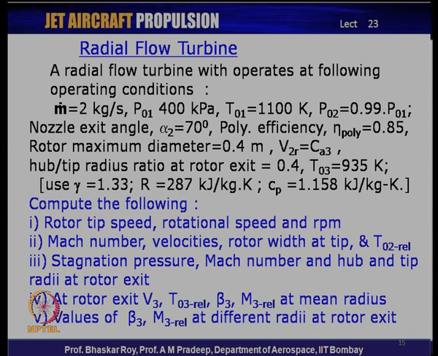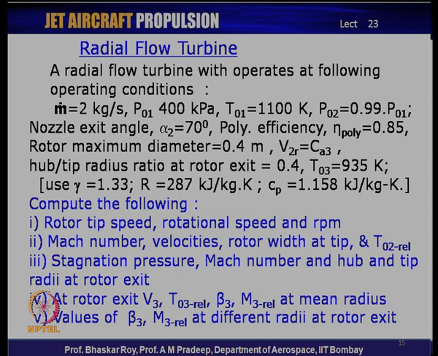The polytropic efficiency is prescribed as 0.85 for the turbine. The rotor maximum diameter, that is at the tip of the radial turbine, is 0.4 meters. The radial flow entry into the rotor is prescribed, and that is allowed to be assumed to be equal to the exit of the rotor, which is CA through, and it is supposed to be axial.